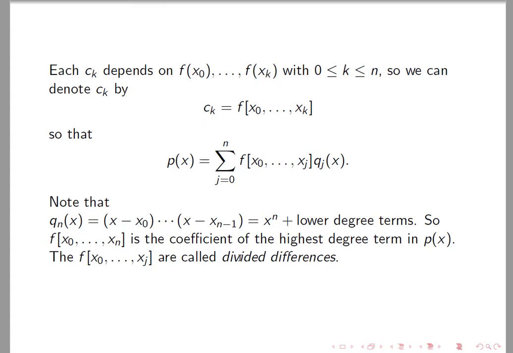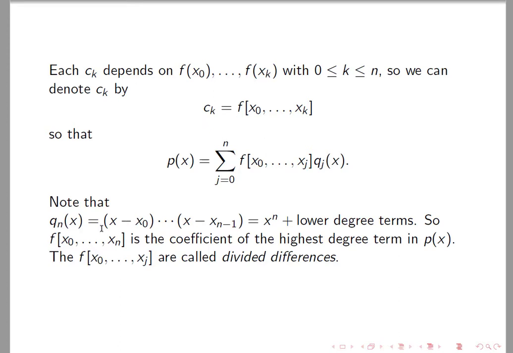So this means that we can make a notation for our ck that only depends upon those values, and this notation will be f of square brackets x0 through xk. It's a bit longer, a bit more cumbersome, but this will have a payoff later when we start doing these by hand, as it were.